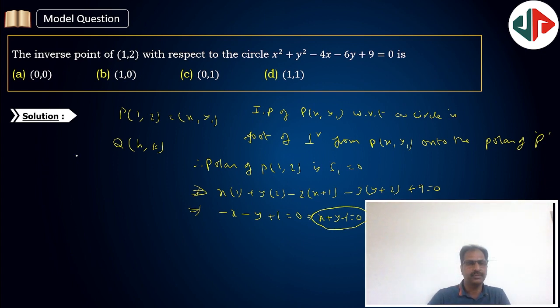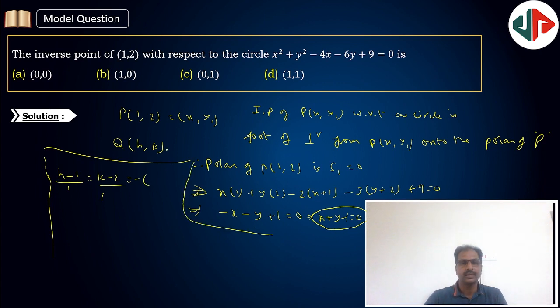Now you have to find (h, k). (h, k) is nothing but the foot of the perpendicular. What is the formula for the foot of the perpendicular? (h minus x1) by a is equal to (k minus y1) by b is equal to minus of, substituting (1, 2) in this line, (1 plus 2 minus 1) by (a square plus b square), which means h minus 1 is equal to k minus 2 is equal to minus 1.